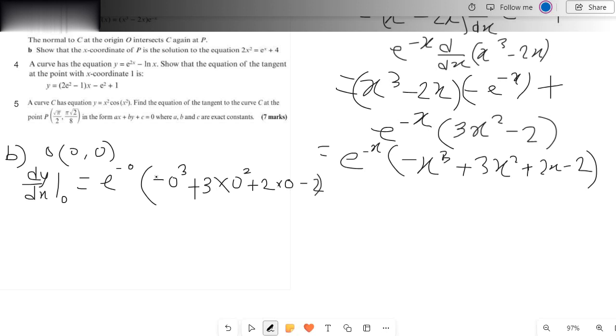Anything to the power 0 is equal to 1 except for 0. So we will have 1 here multiplied with 0, 0, 0 minus 2. So we should have minus 2 here. So the gradient of the tangent at the origin is minus 2.